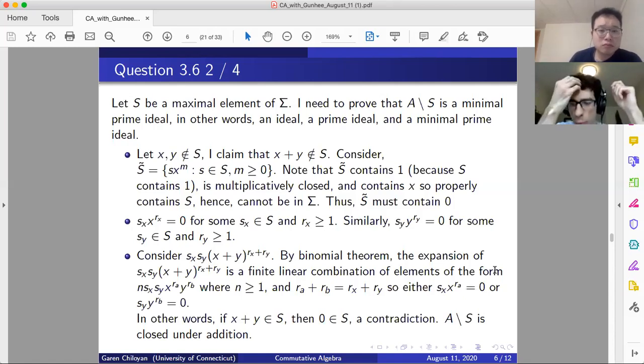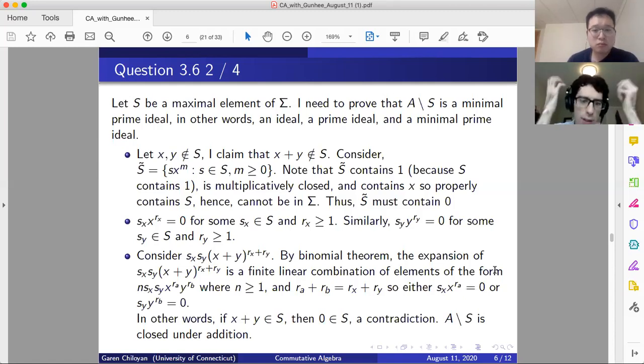If you do a little bit more logic, you'll see that either Ra is greater than or equal to Rx, or Rb is greater than or equal to Ry. That means Sx times x to the Ra power is 0, or Sy times y to the Rb power is 0.